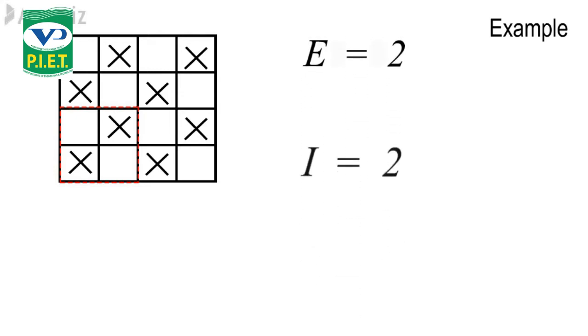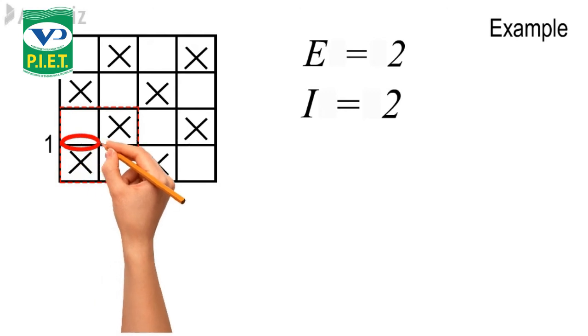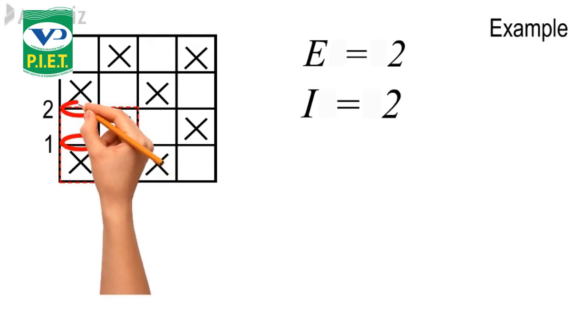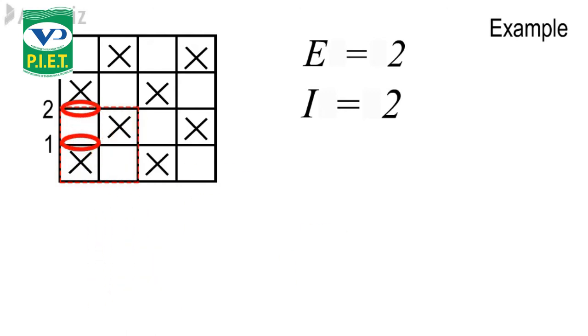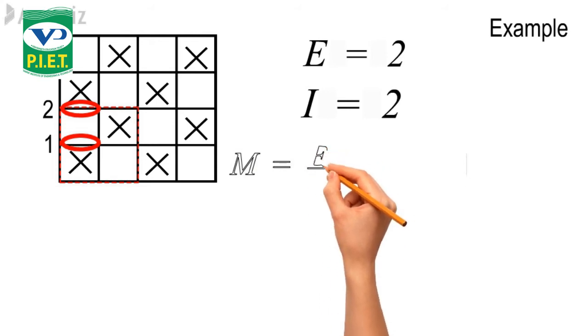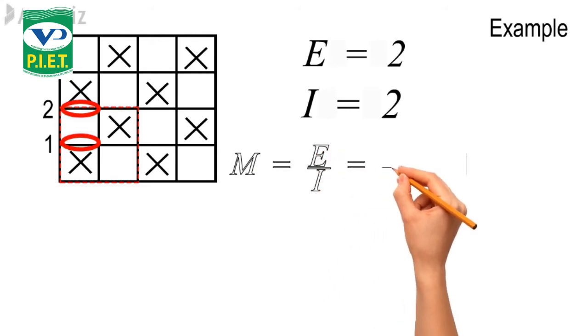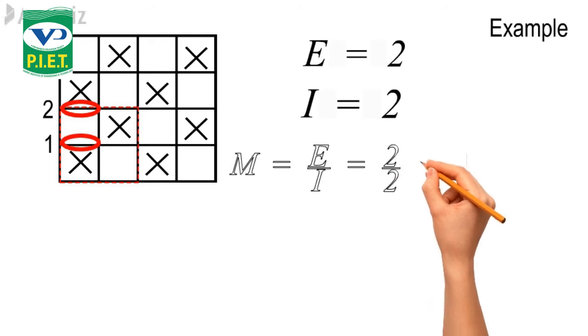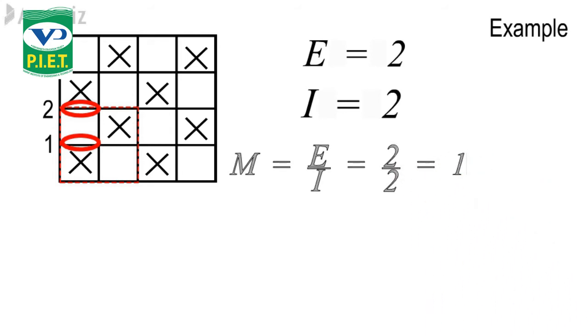And number of intersection per repeat is also equal to 2. Now, if we put both the values in the formula, we'll get M is equal to E by I, that is equal to 2 by 2, and we get the value of M is 1. So we can say that the weave factor for plain weave is 1.